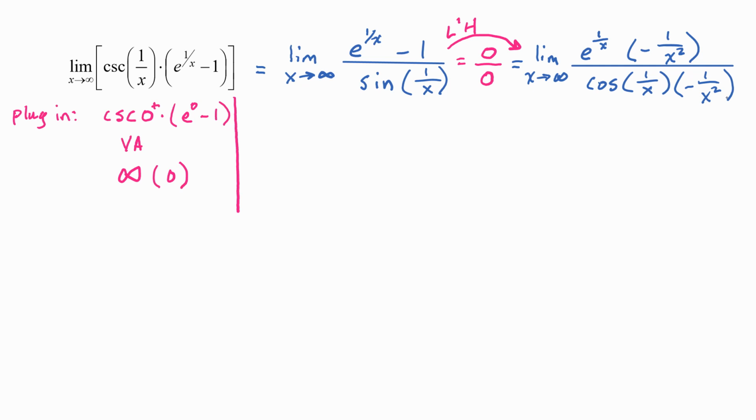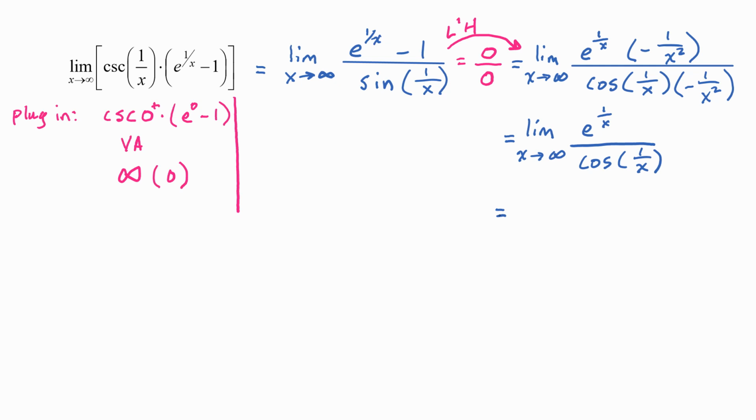Now that's pretty convenient because these are going to cancel now. So we can write this in a simpler form as limit as x goes to infinity. The numerator is e to the 1 over x over the denominator, which is cosine of 1 over x.